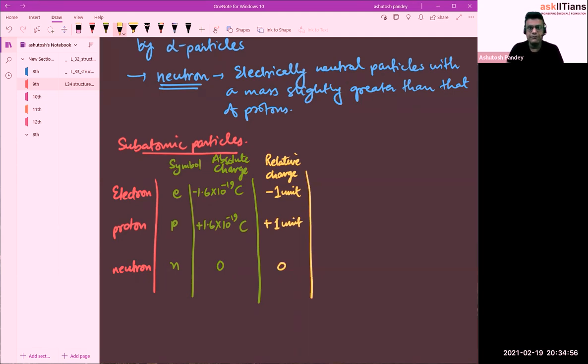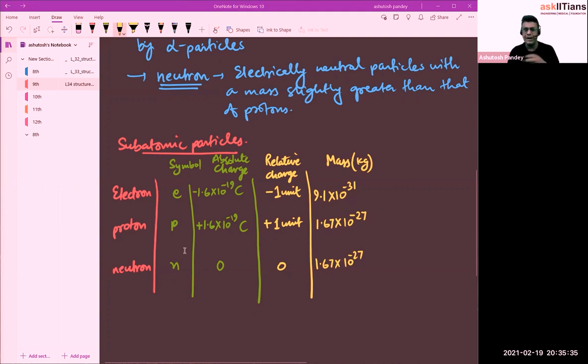Then if we now write the mass in kg, the mass of an electron is 9.1 into 10 to the power minus 31 kg, while the mass of a proton is 1.67 into 10 to the power minus 27 kg, and the mass of a neutron is also 1.67 into 10 to the power minus 27 kg, although the mass of a neutron is slightly more as compared to the proton.